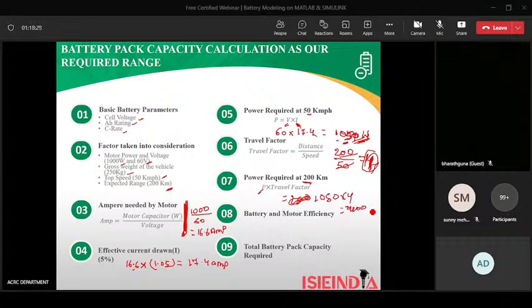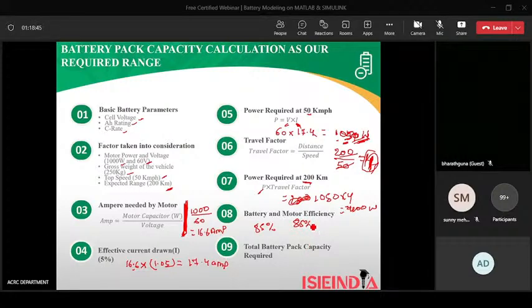Now there will be some efficiency of the motor as well as the battery. Let us assume I am taking the battery as 85% efficient and the motor is also 85%.